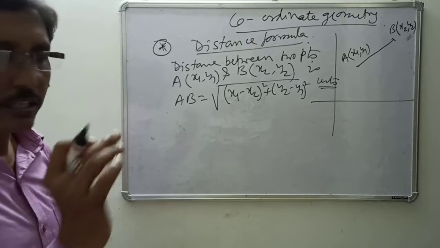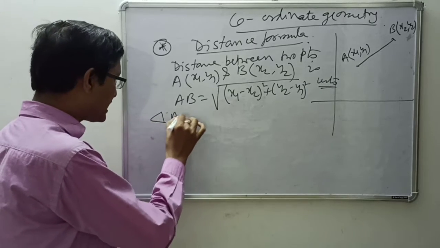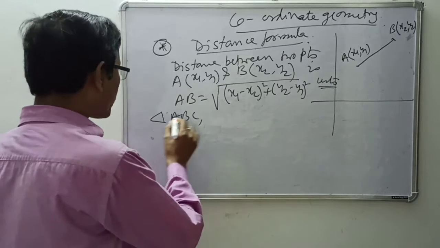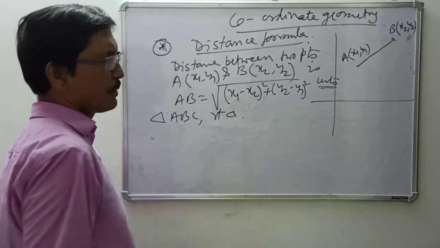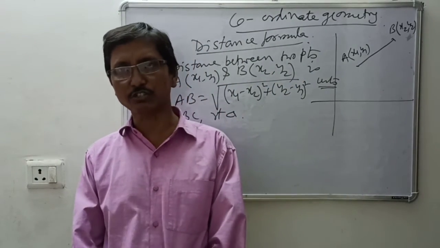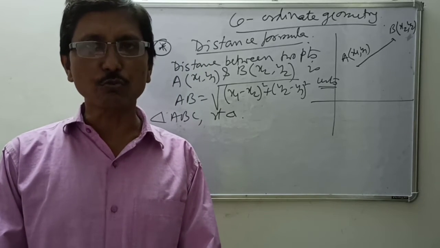Suppose the triangle ABC has to be proved a right triangle, then what will it be? You will see in geometry also the Pythagoras theorem and the converse of the Pythagoras theorem. There, if you have a right triangle, then a square equals p square plus b square.